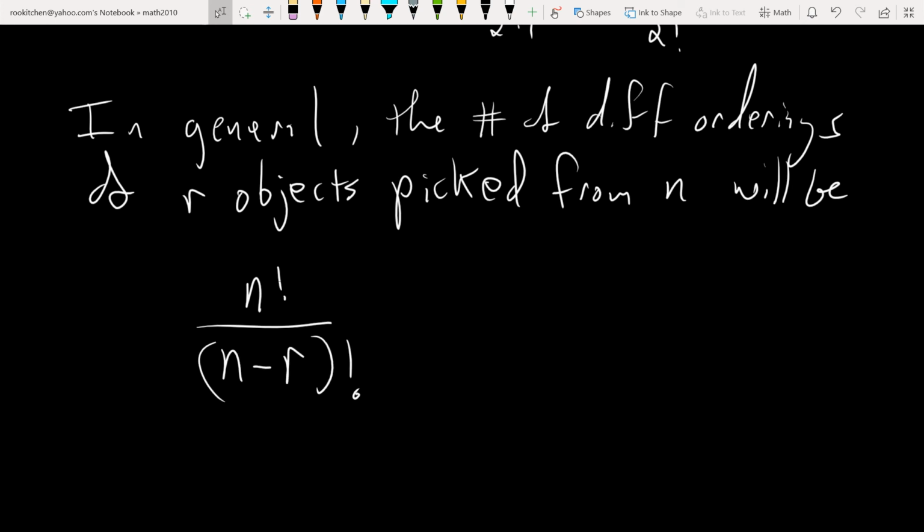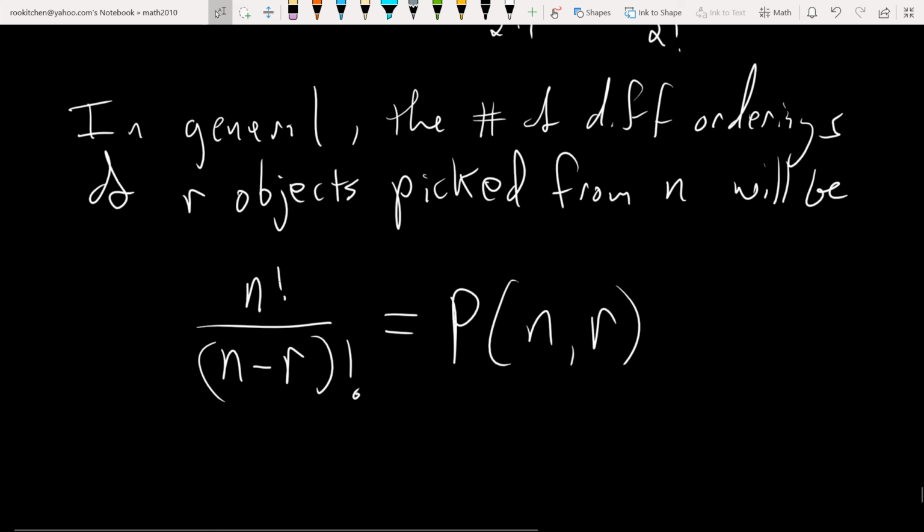Our notation in the book is P of n, r, and that's theorem 9.2.3, I think.